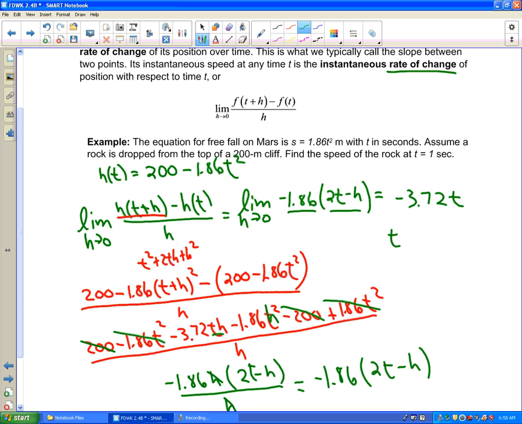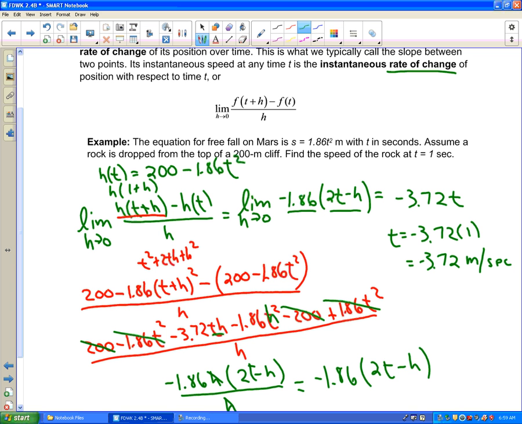In our particular problem, put the 1 back in. We get the speed at negative 3.72 meters per second. Now you might be asking, why not at the very start, instead of doing h of t plus h, why don't we do h of 1 plus h?